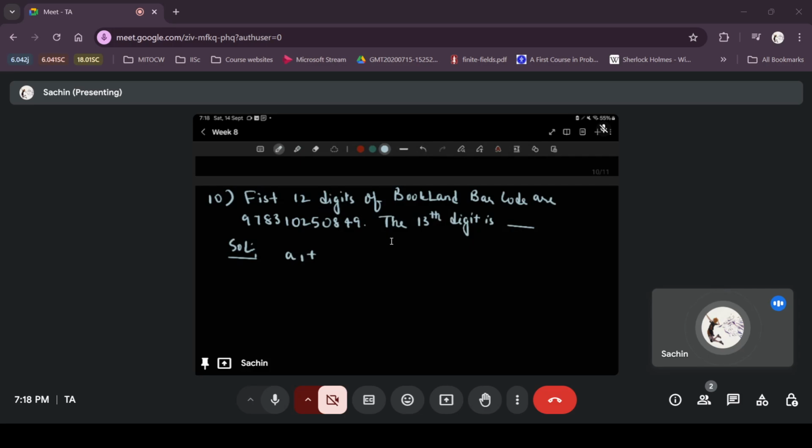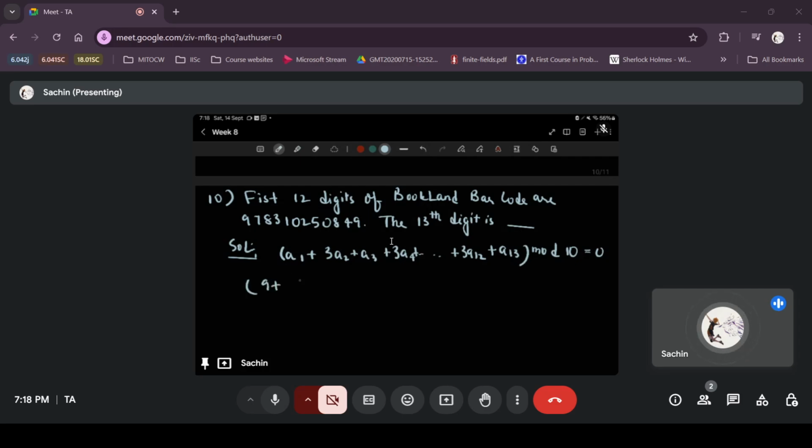such that A1 plus 3A2 plus A3 plus 3A4 plus etc. plus 3A12 plus A13 mod 10 is 0.